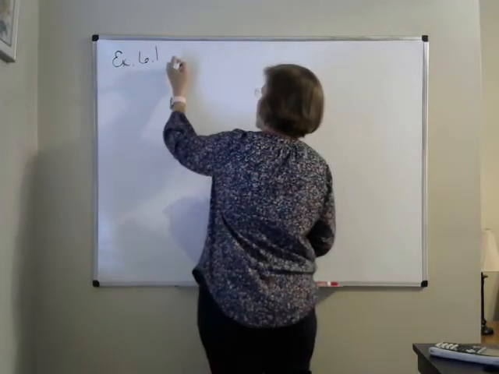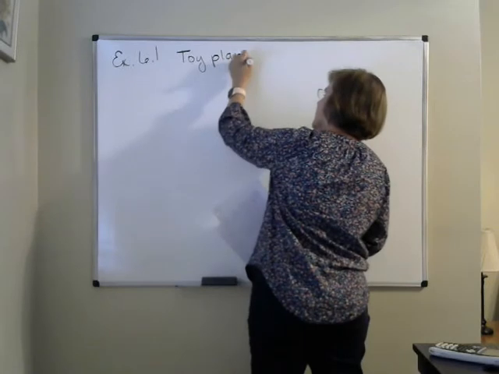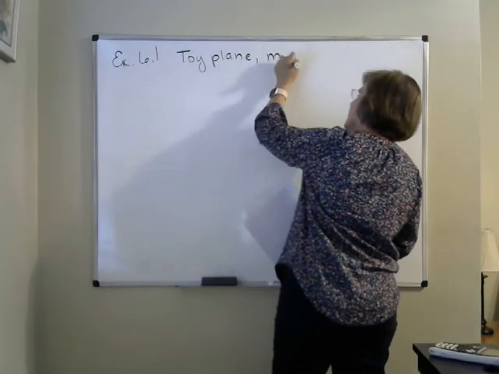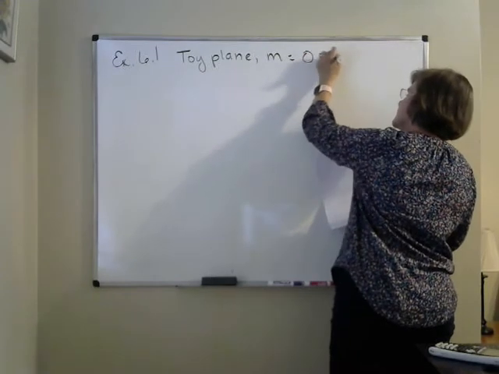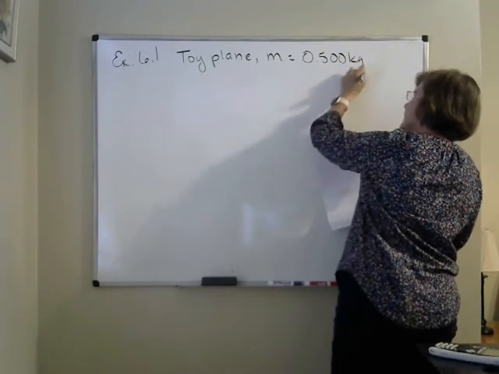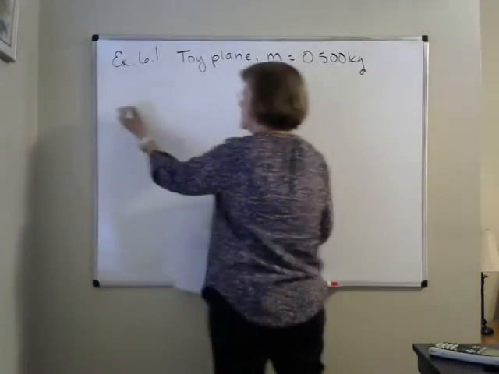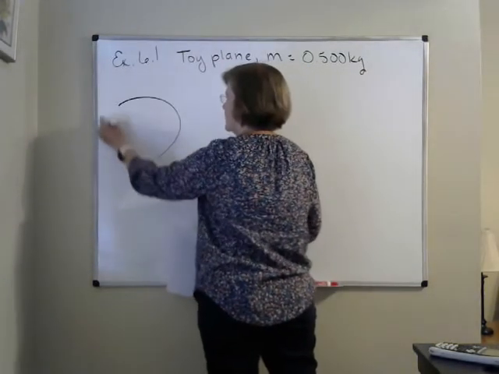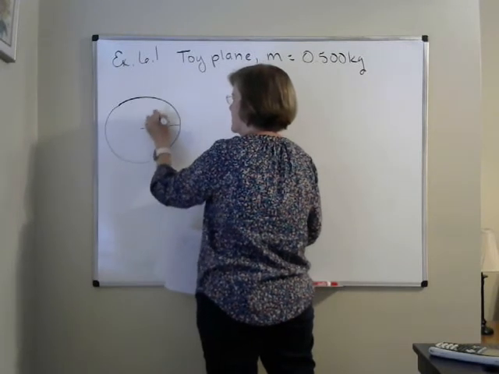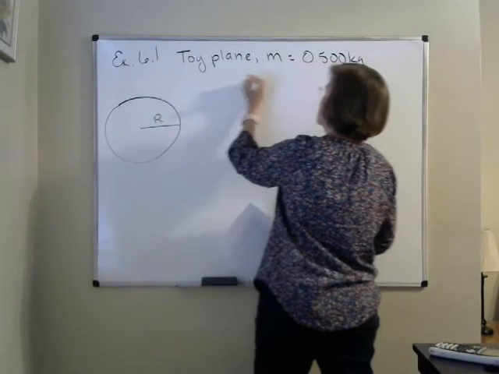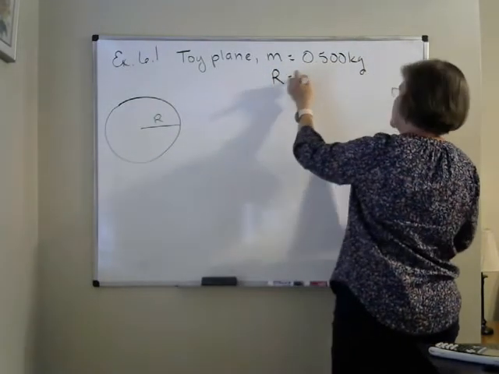So we have a toy. The length of the string is going to be the radius of our circle because, of course, it moves around on the end of that string. There's our radius. And they tell us in this case that that radius is 5 meters.